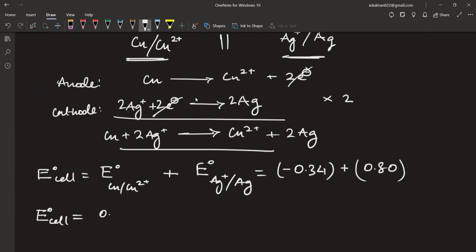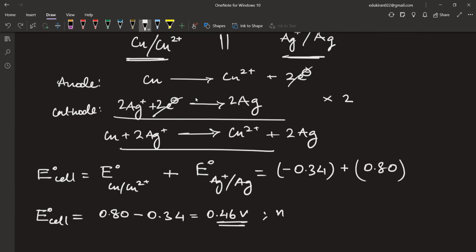This will be 0.80 minus 0.34, which will be equal to 0.46 volts. Okay.